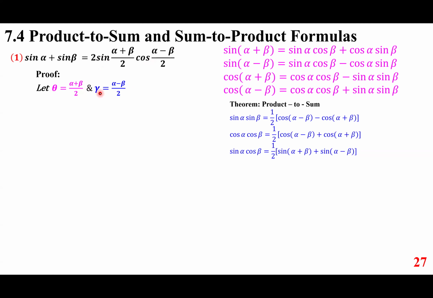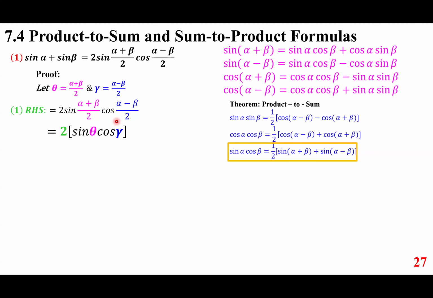We can go with x and y, 2 sine x cosine y. Now, remember, two sine theta cosine gamma. This is the one.